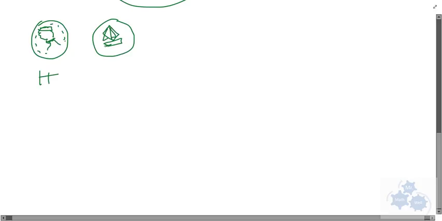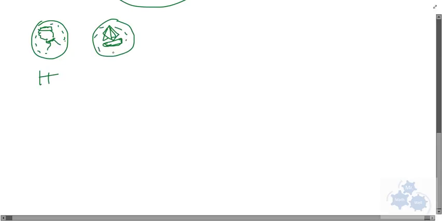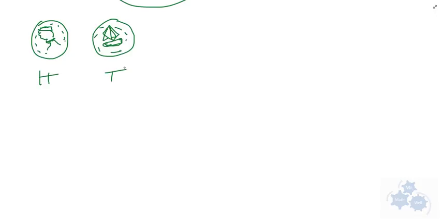Yeah, it's a dime. Okay, so that's tails. All right, here's the year. Looks like I messed up the face a little bit. So heads and tails. Now, if you flip a coin, the chances of getting heads are what?